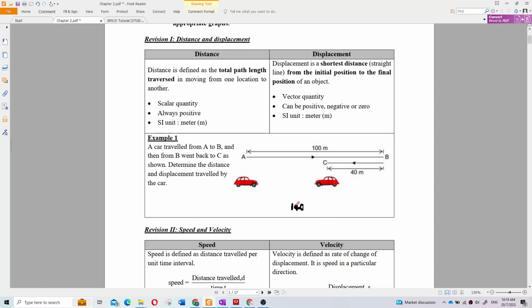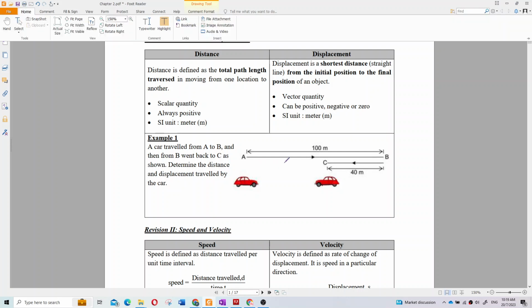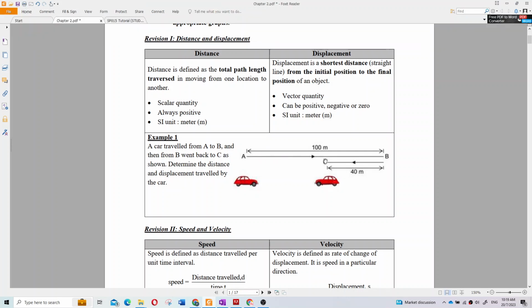But displacement is 100 minus 40, isn't it? Which is, displacement is 60 meter to the right.